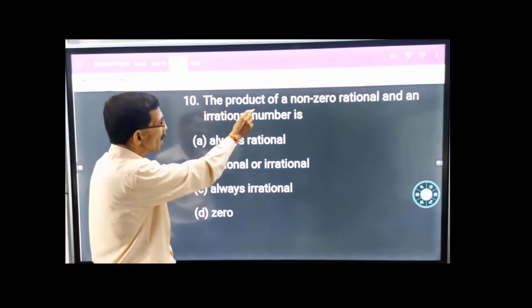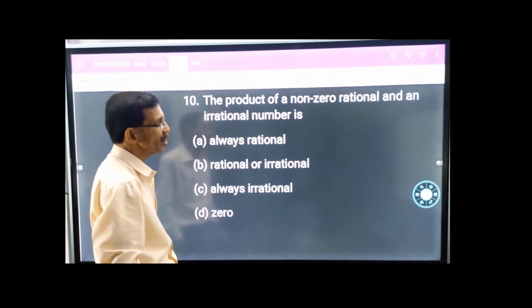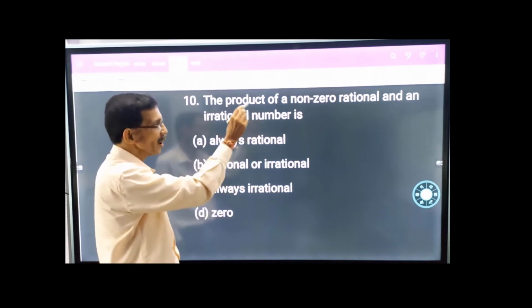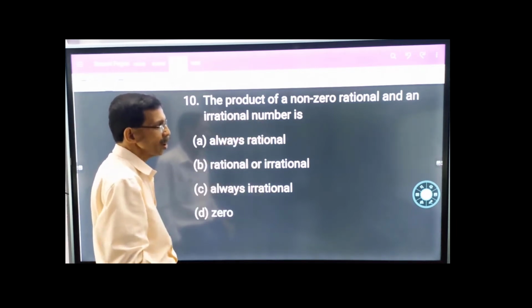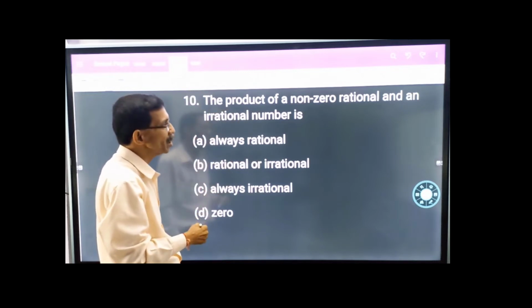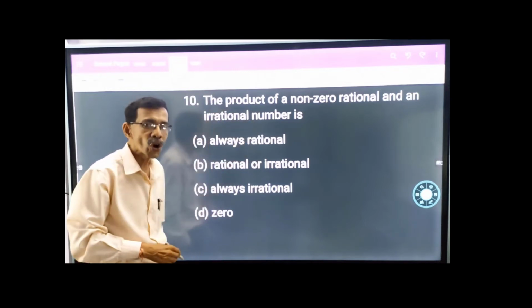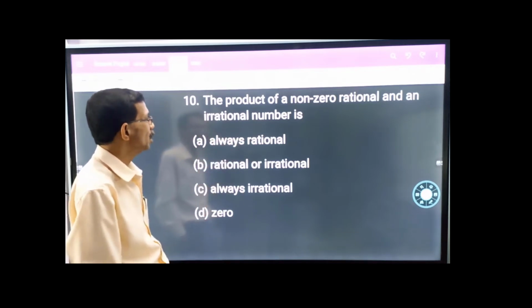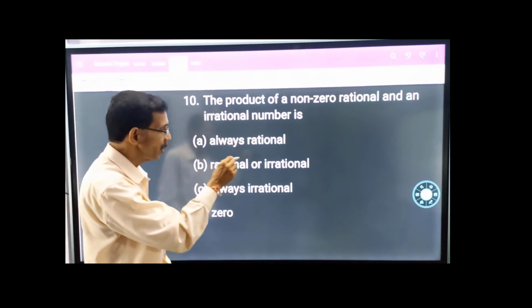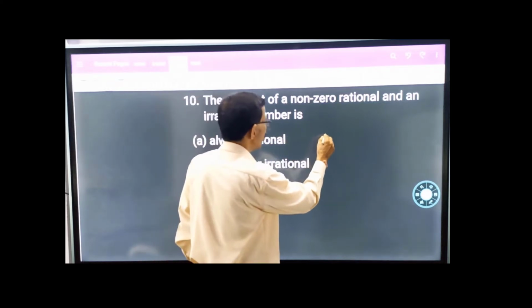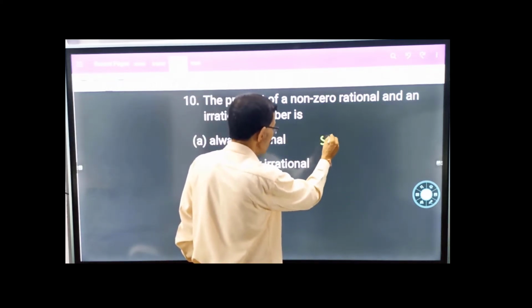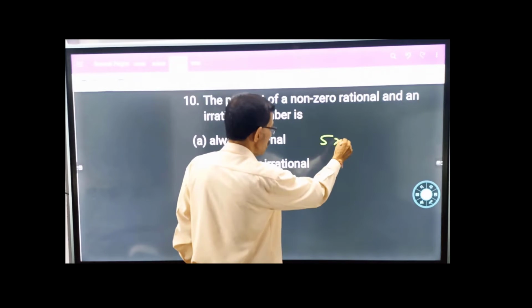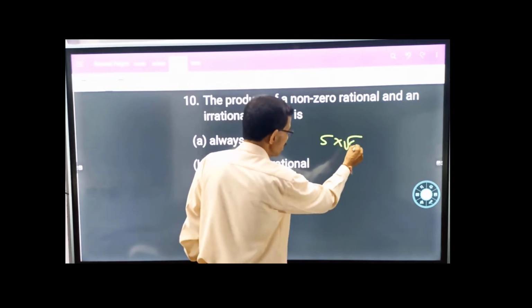the product of a non-zero rational number, one is given a rational number which is non-zero. If it was 0, then the whole thing would have become 0. So that's why it is said non-zero rational number. And an irrational number. Now here, let's take a non-zero rational number as 5 multiplied by an irrational number, let me take as root 6.